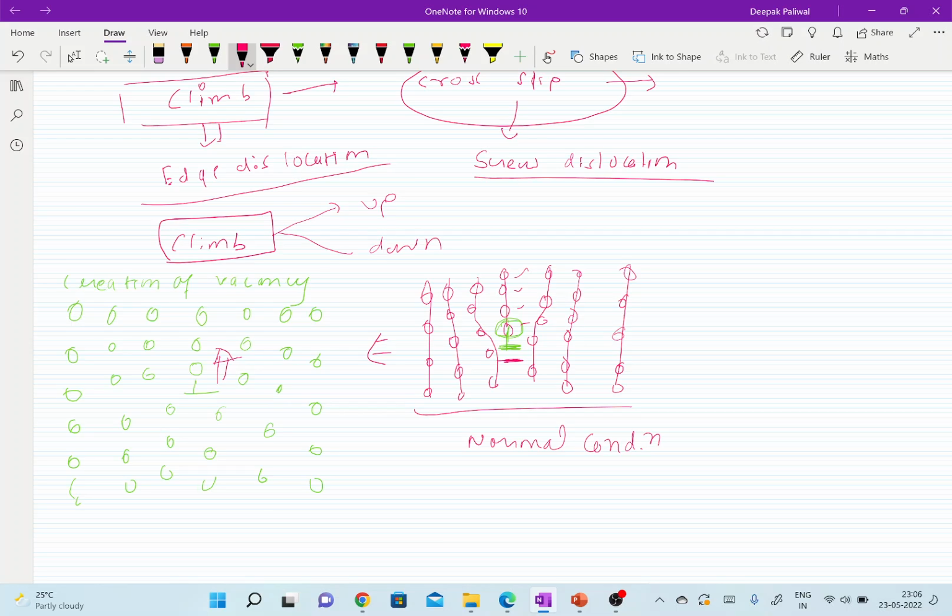Now this is the climb up because of the vacancy generation. Another thing is climb down.